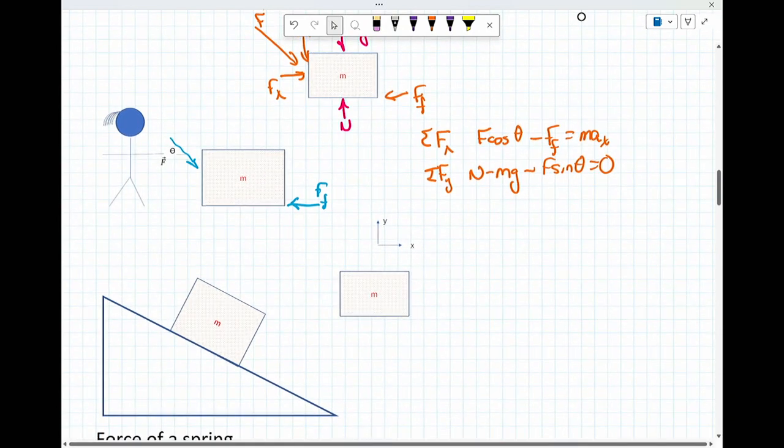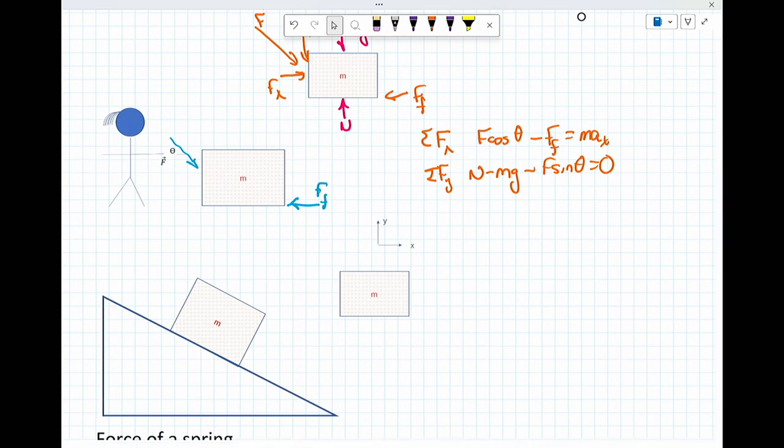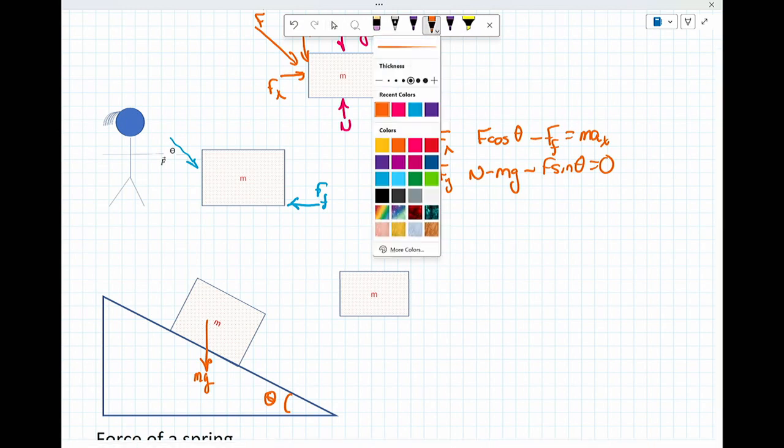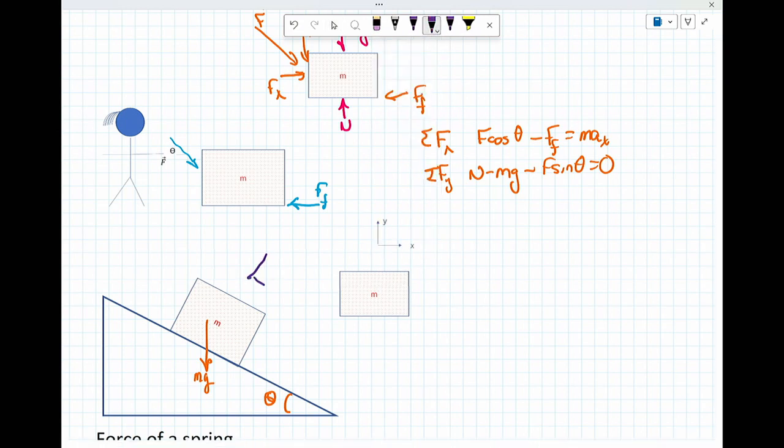So I have a box on a ramp, and so if I have a box on a ramp, I will have weight, I have theta, I have defined in the direction of motion my coordinate system.